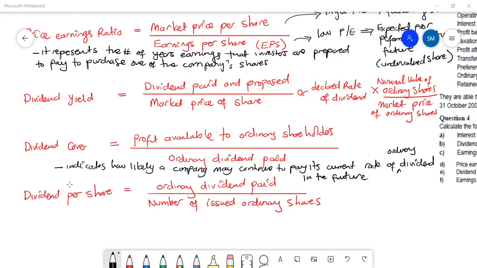So a high figure is good. A low dividend cover indicates a reckless dividend policy, and that a small reduction in the company's profits may have an adverse effect on the dividends in the future.